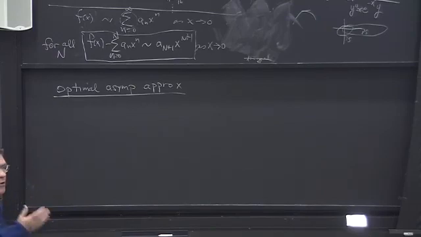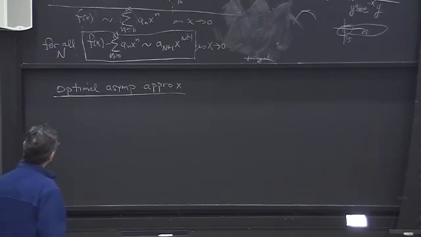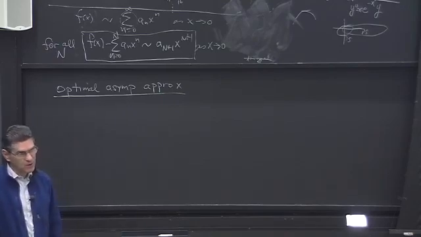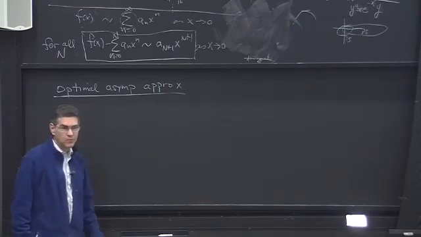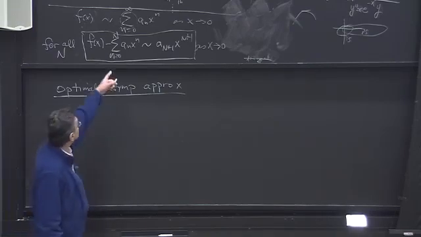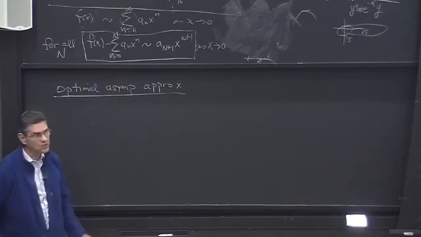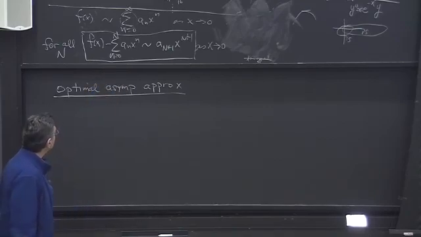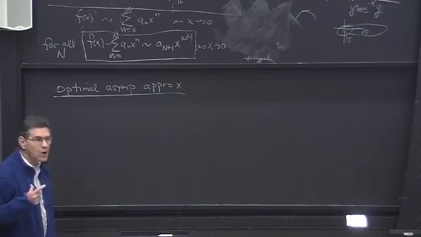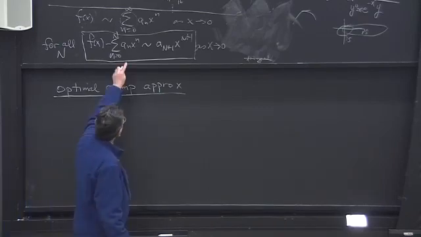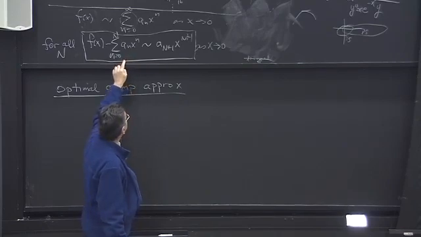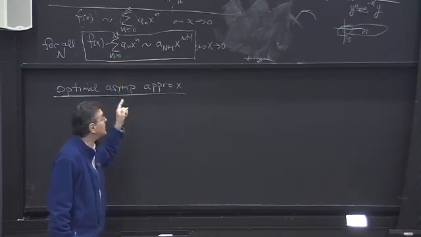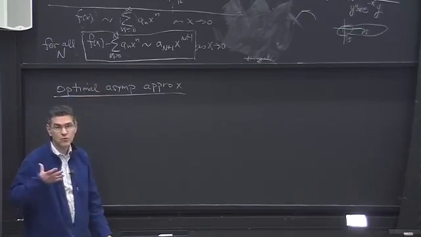Many physicists don't know Padé theory at all, but they are aware of the optimal asymptotic approximation, and this is the most naive thing you can do with an asymptotic series. So suppose you've calculated the coefficients in that asymptotic series. How do you use it? Well, you argue that even though this series diverges, it can give you a pretty good approximation to the function f of x. So why is that?